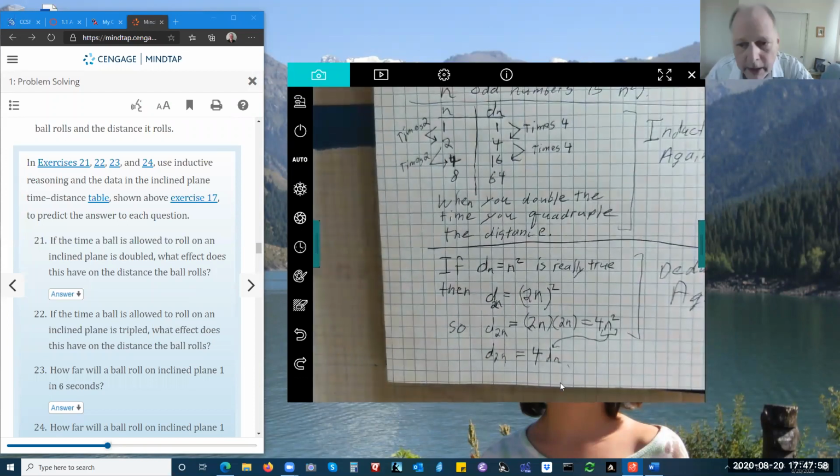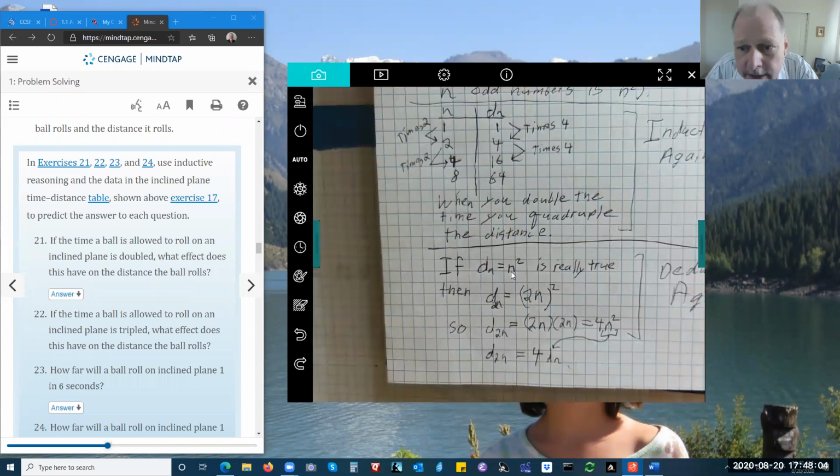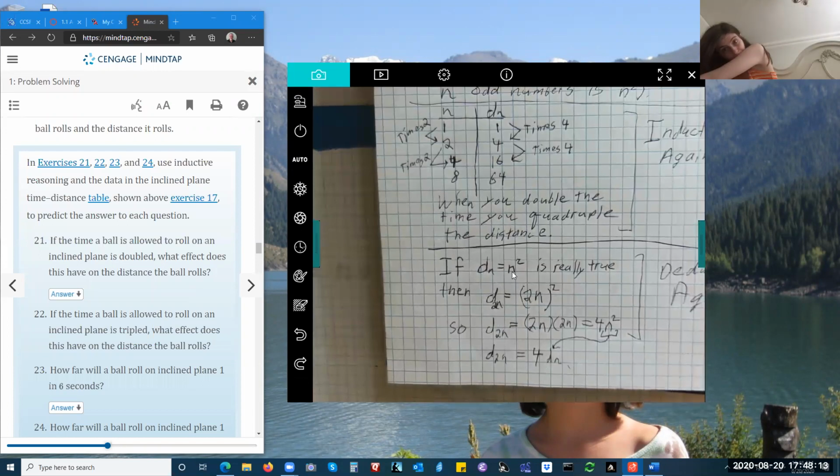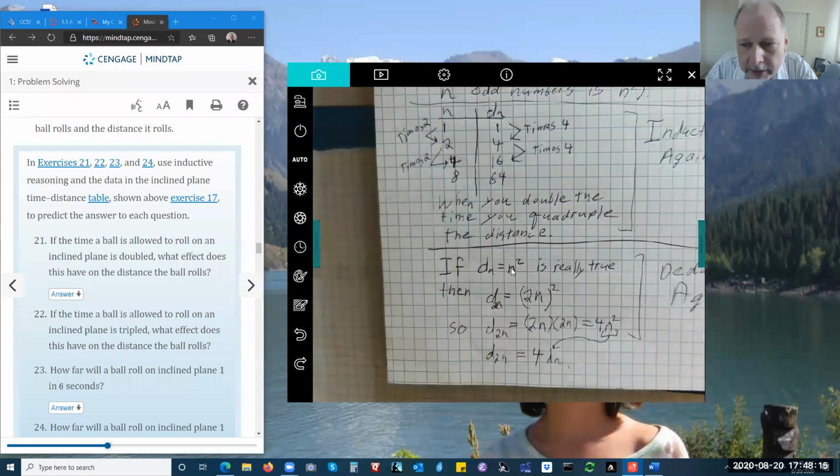And then we say, you know what? If that n squared was the formula, that's why it'll logically make it. So if you double the time, you quadruple the distance. Because if you replace some amount of time in the formula with twice as much, 2n, whatever n might be, 1 second, 3 seconds, 5, whatever.